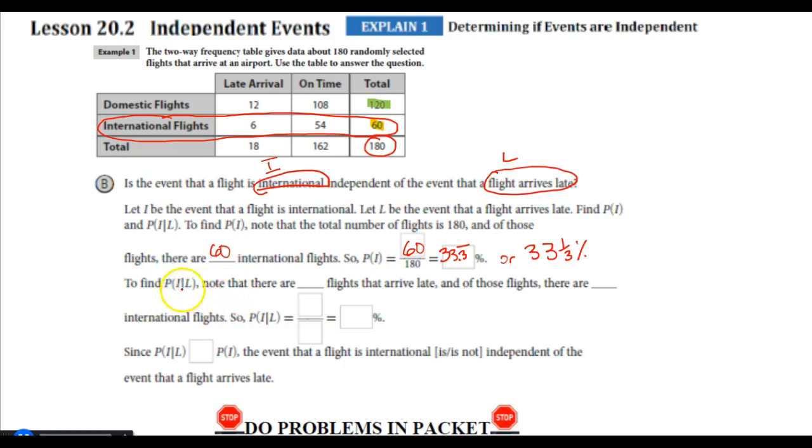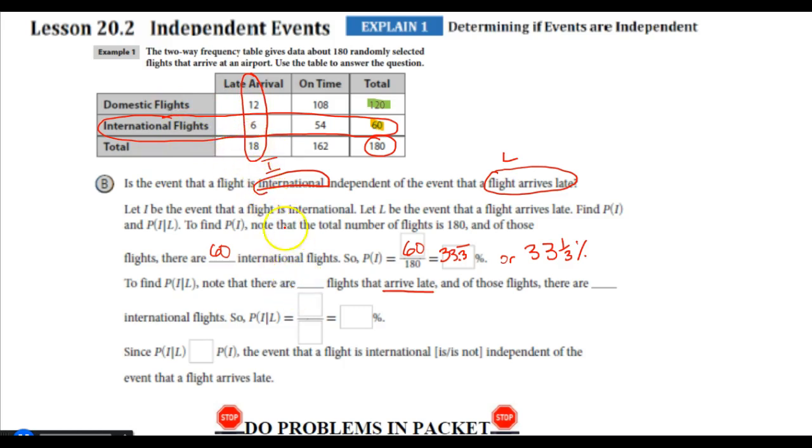Okay, so I'm going to go ahead and circle my late column right here. Now of these, as you can see, we're going to write what our total number of flights that are late in this column. Okay, so here I have late being 12 for domestic flights, 6 being international, and 18 total.